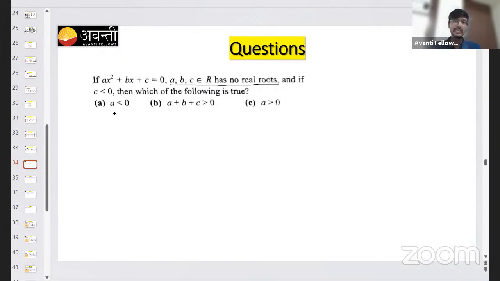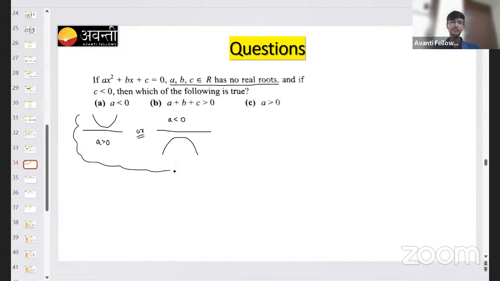That means either the graph will always be above the x-axis because the roots are imaginary and it will never cut the x-axis, or it will be like this. This is possible when a is greater than 0. This is possible when a is less than 0. So you have to keep this in mind.